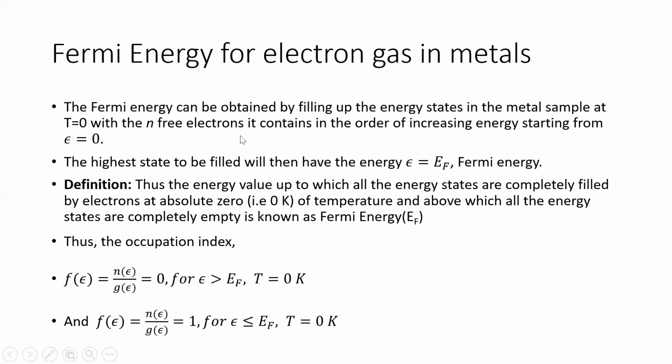So electrons will start filling up from the lowest energy state upward in such a way that one electron will stay in one state. The highest state to be filled will then have the energy E equal to EF, and that energy is called the Fermi energy.